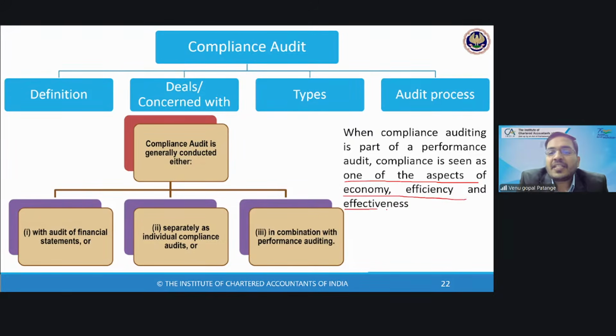We will be discussing this in the next 15-20 minutes. When we reach performance audit, we'll discuss what is economy, efficiency, and effectiveness. So when compliance auditing is performed along with performance audit, compliance is seen as economy, efficiency, and effectiveness.